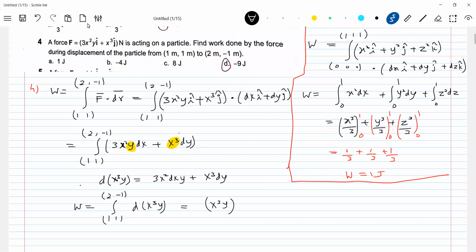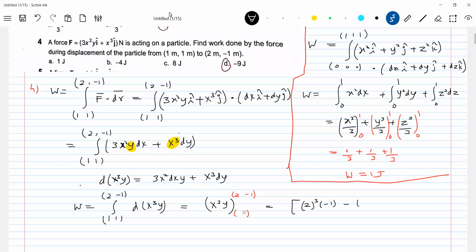The limits are (1, 1) to (2, minus 1). So how to substitute this limit? Substitute the upper limit: in place of x, substitute 2 cube, and y is minus 1, so 2 cube times minus 1. Then minus, first the upper limit I substituted, then the lower limit.